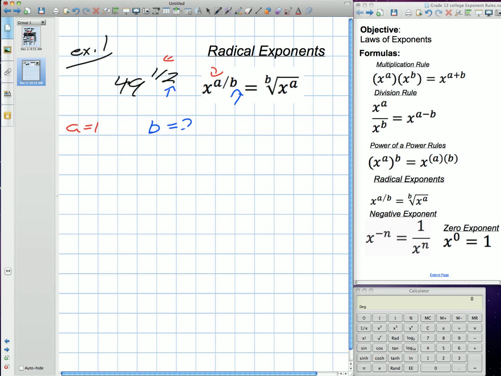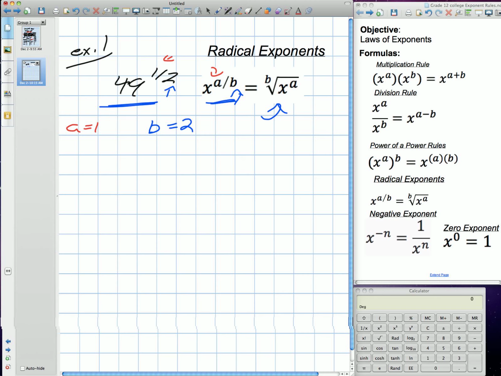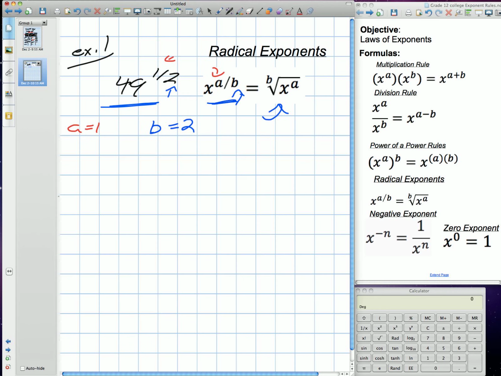X is our base. Our base is the number 49. Okay? So when we rearrange 49 to the power of 1/2, we're going to get 49 to the power of 1, since our a value was 1. And this tells us which root it is. Our b value is 2, so we're at the second root. In other words, we're looking for a number you multiply by itself twice to get what is underneath this bracket, essentially called a root.